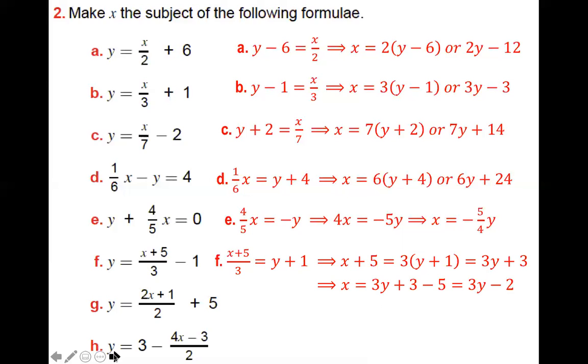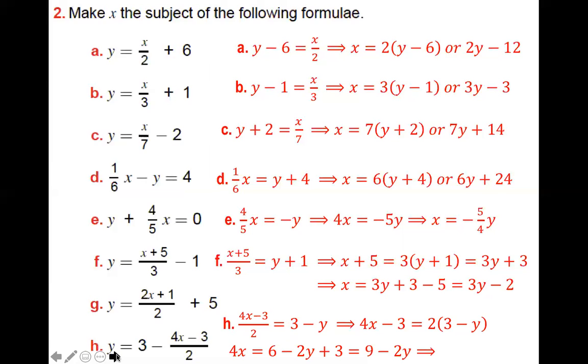Next one, you're going to get y minus 5. Oh, why did I put a 3 here? Oh, that's h. G we had done before. So I'm looking at h now. So 4x minus 3, divided by 2, equals 3 minus y. Then you've got your 4x minus 3 is 2 times 3 minus y.